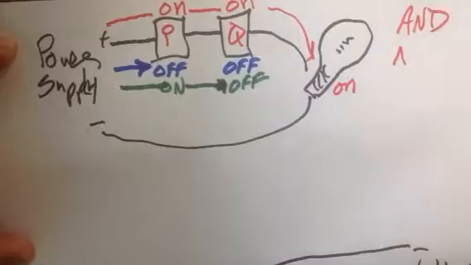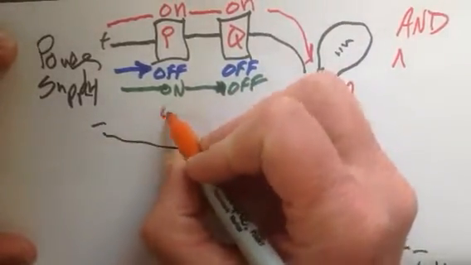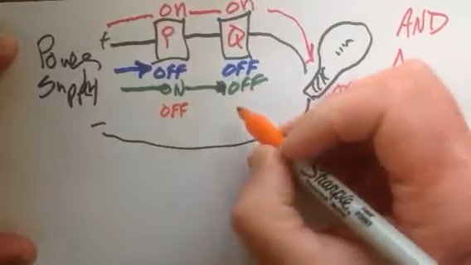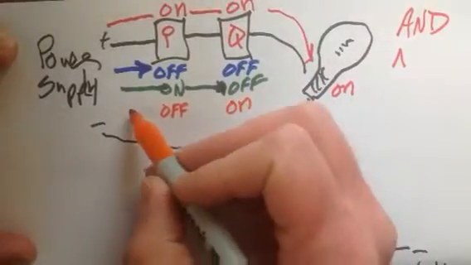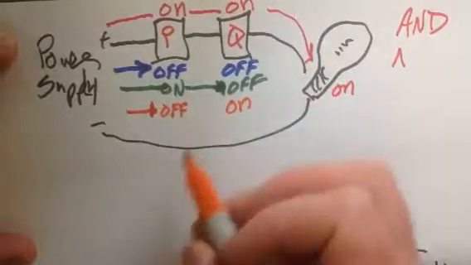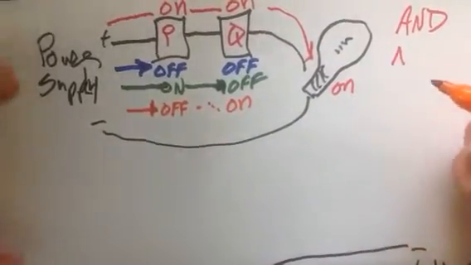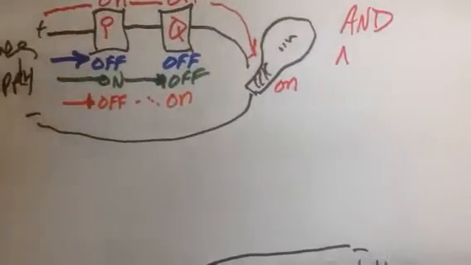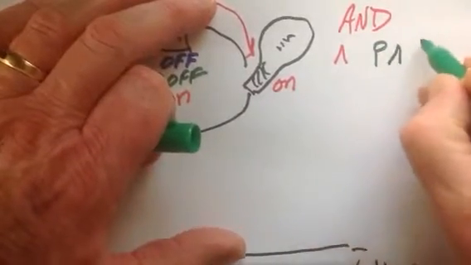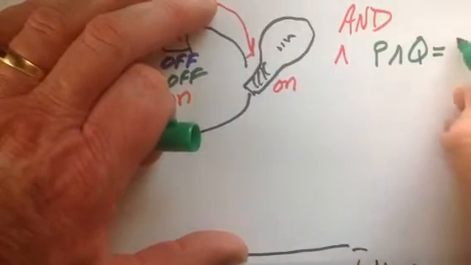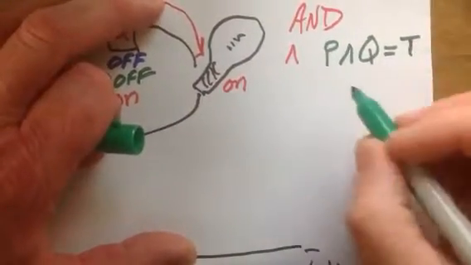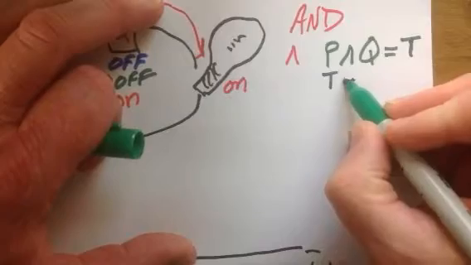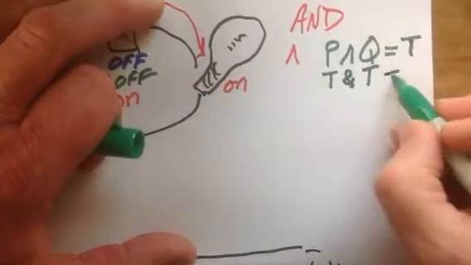If you go the other way, which is to have P off and Q on, again, the power just goes this far and stops. It doesn't even get to the second switch. So with the AND characteristic of a logical sentence connector, the answer for P and Q only equals true when both P and Q are true.